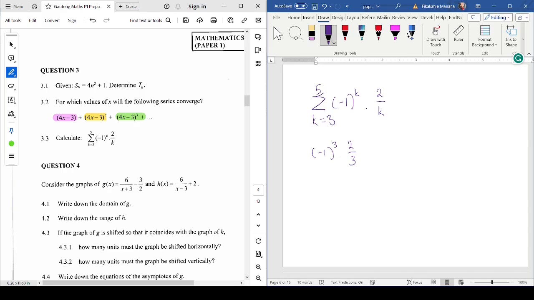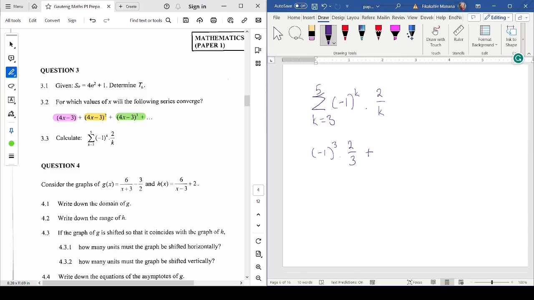Because of this sigma notation, it means sum, which means we must add. So I'm going to put a plus there and move to the next number after 3, which is 4.